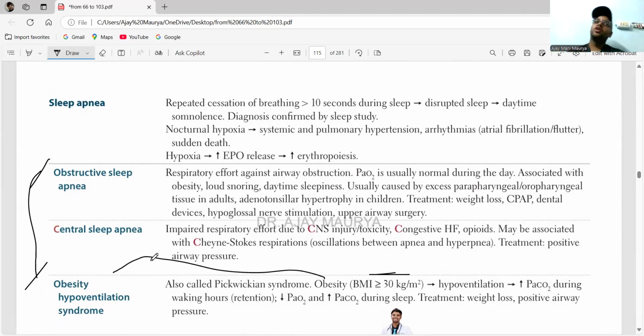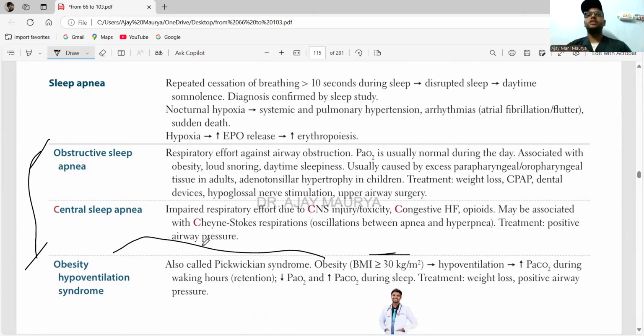So if they give obesity, BMI more than 30, and mention that the patient is obese, then don't confuse these two, obesity hypoventilation syndrome and obstructive sleep apnea. You have to rule out which one.